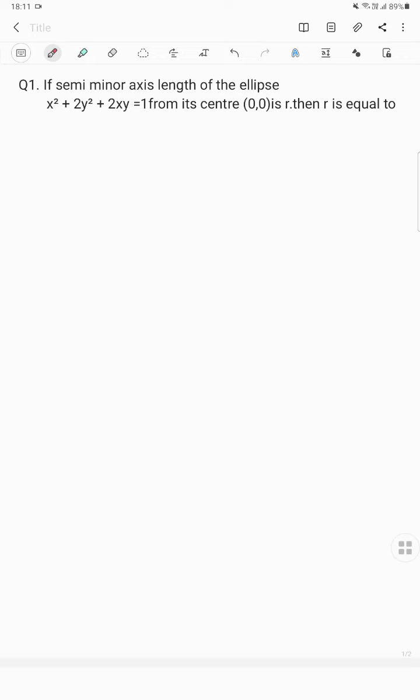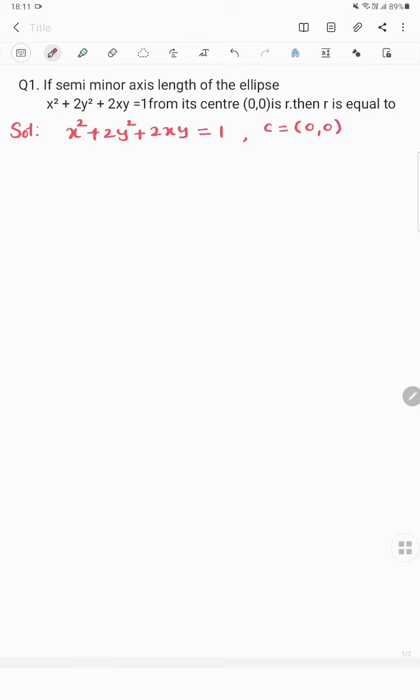So here they are asking the radius of the ellipse. The given equation of the ellipse is x square plus 2y square plus 2xy is equal to 1, and the center C is equal to (0, 0).